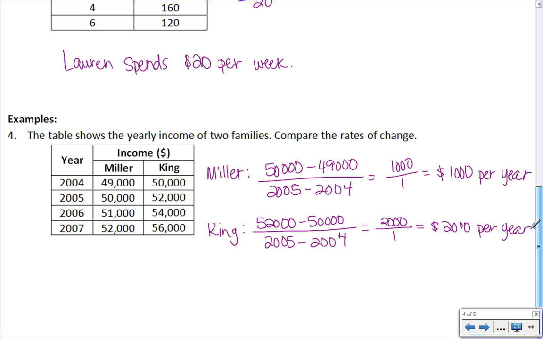So to compare these, we would say that the King's income is increasing at a higher rate.